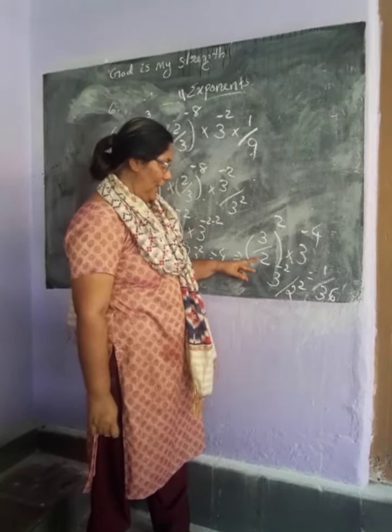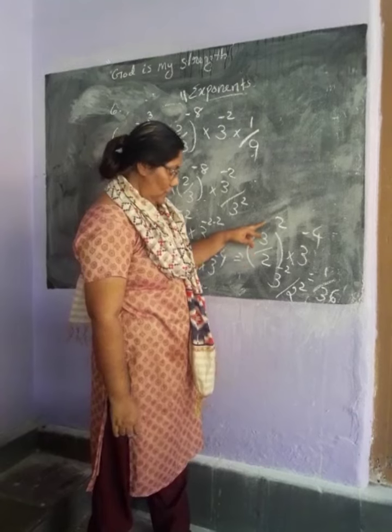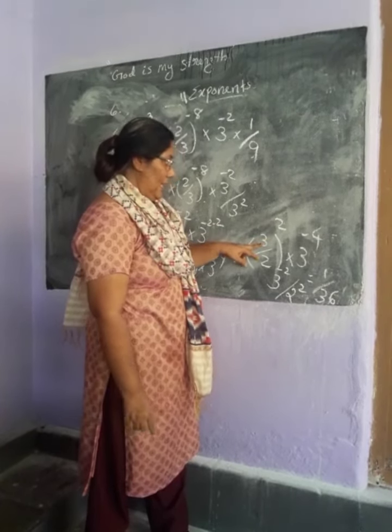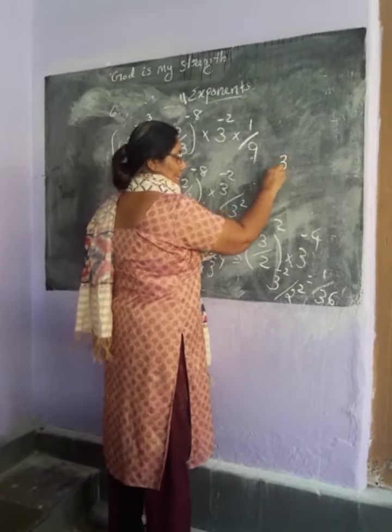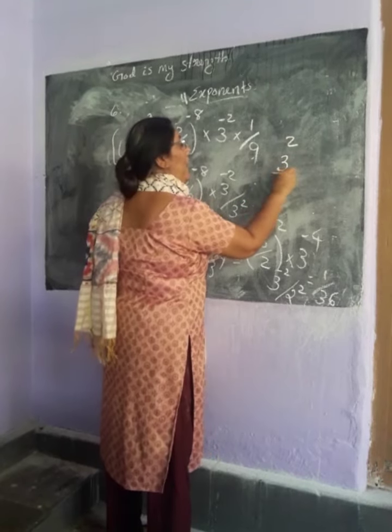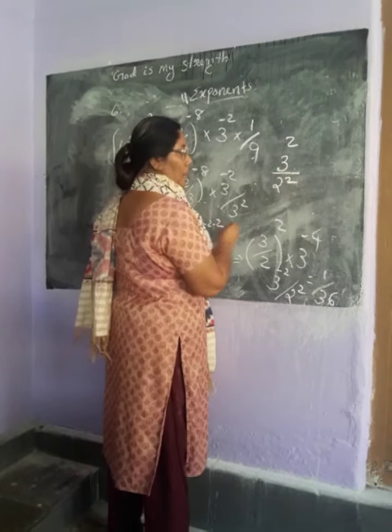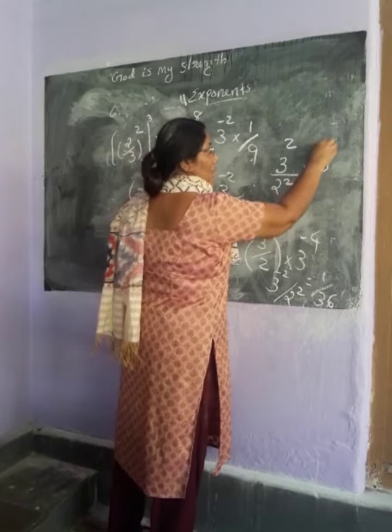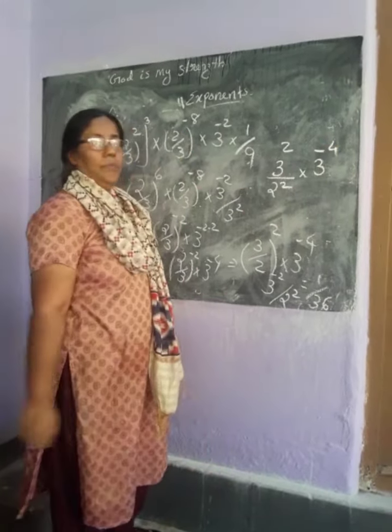Now, splitting the bracket, 3 by 2 or 3 square. Look here, we can write this as 3 square by 2 square into 3 raised to minus 4. Understand?